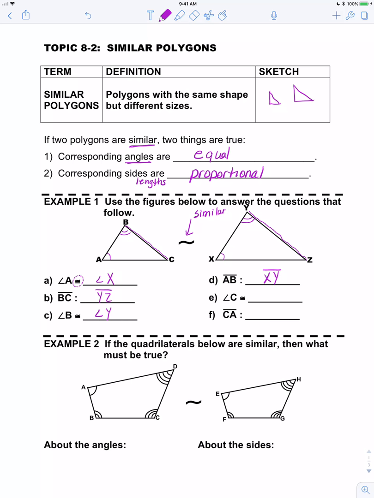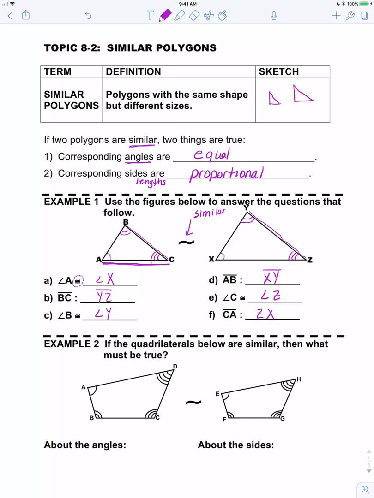Angle C should be congruent to angle Z. So you just look at these and decide which, setting them up the same. And that's not too hard to say which sides are proportional to each other. Just make sure you've got your shapes set up the same. So line CA would be proportional to ZX.